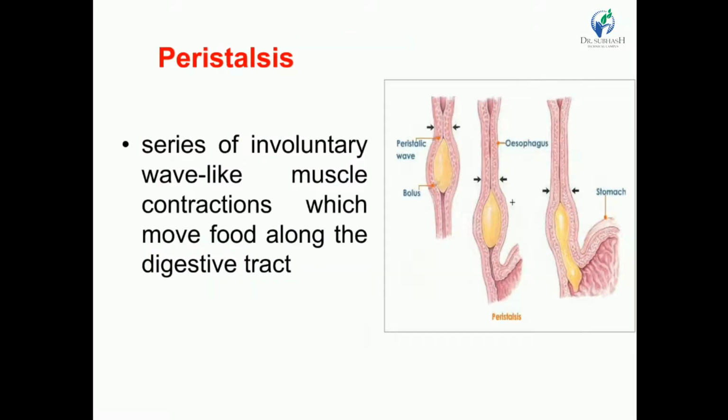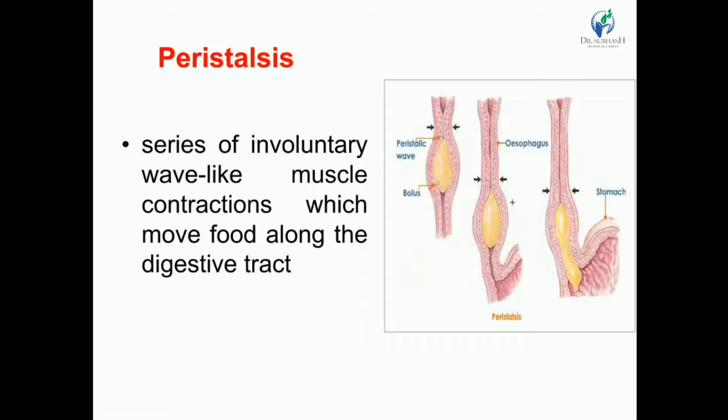This is how exactly we can understand peristalsis. It will be in the form of waves, just like sea waves. Here, we can see a series of involuntary wave-like muscle contractions which move food along the digestive tract. Suppose food is in a starting condition.